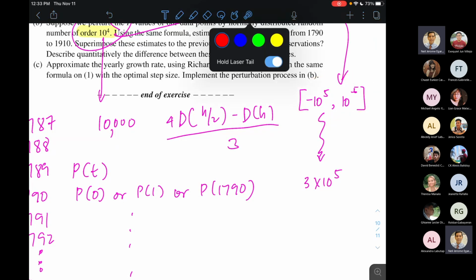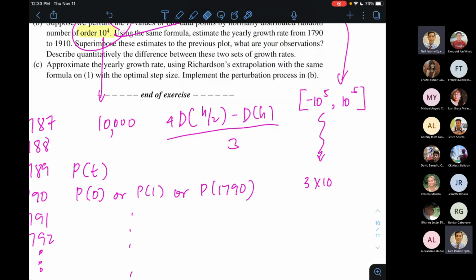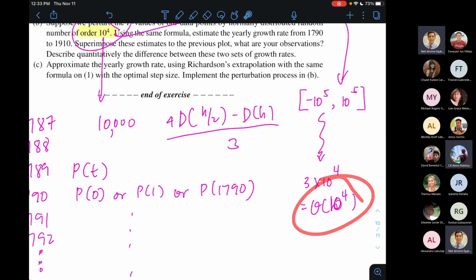Okay? Pag kinuha mo yung big O ni 3 times 10 to the 4th, big O siya ni 10 to the 4th. So ito yung order, 10 to the 4th na sinasabi natin.